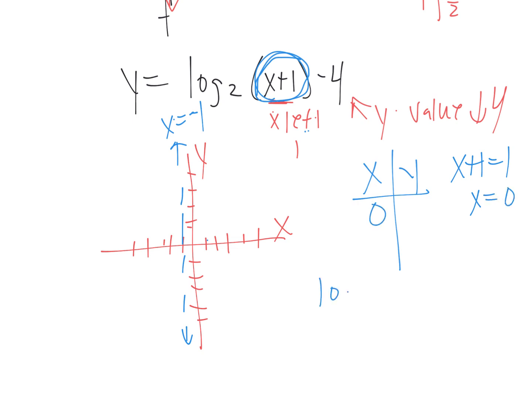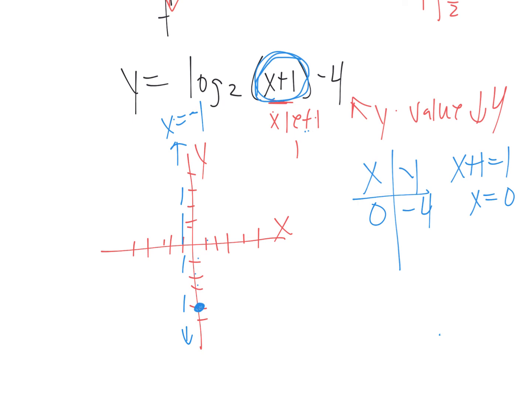So then if I have log base 2 of 0 plus 1 minus 4, well, log base 2 of 1 minus 4, we know log base 2 of 1 is 0 minus 4, so this becomes negative 4. So 1, 2, 3, 4. Then I can erase this so we can have some more room for the next one.